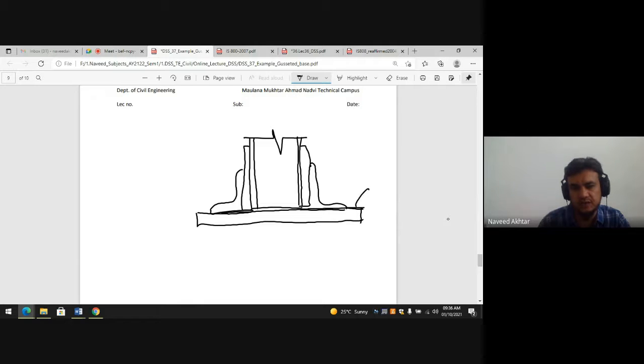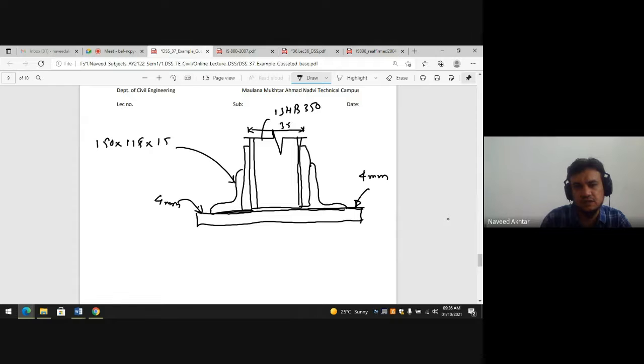And this is the overhang portion, which is nothing large. It is 4 mm on both sides. The angle you have provided is 150 by 115 into 15 mm thickness. Column ISHB 350, so the width of the column is 350. The thickness of your gusset you considered is 16 mm.